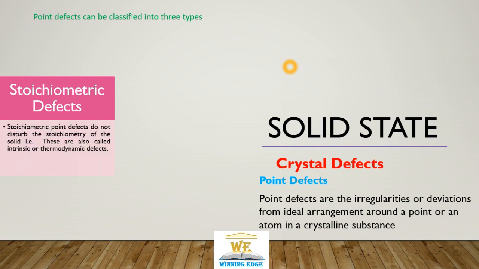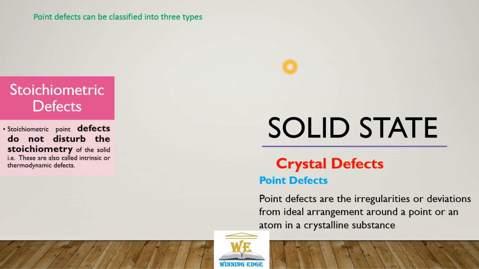Stoichiometric point defects do not disturb the stoichiometry of the solid. These are also called intrinsic or thermodynamic defects. So in stoichiometric defects, the stoichiometry of a compound is not disturbed. It remains the same as in the ideal crystal.